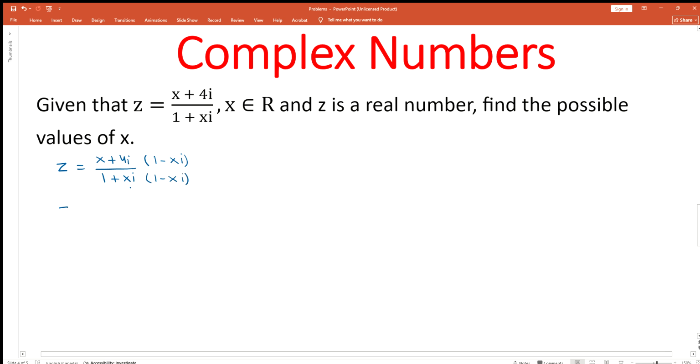So we get z equals x plus 4i times 1 minus xi over 1 plus xi times 1 minus xi. Next, we can distribute the terms in the parentheses using the FOIL method.